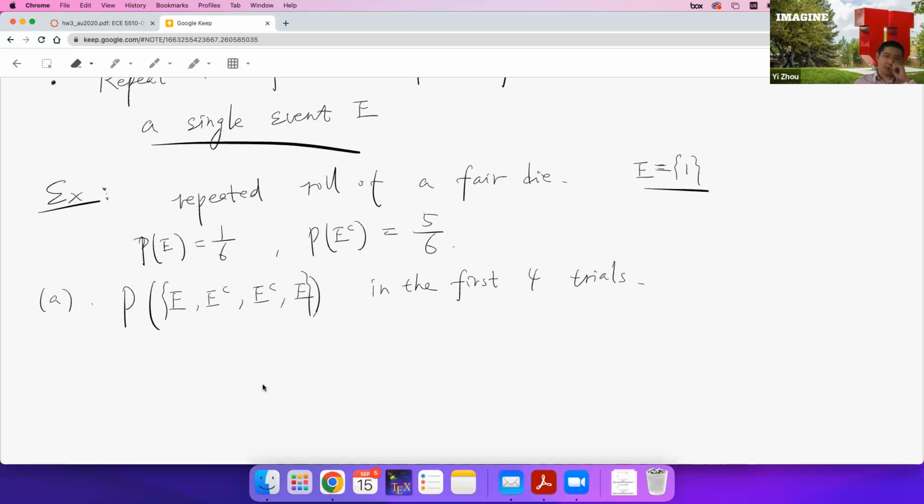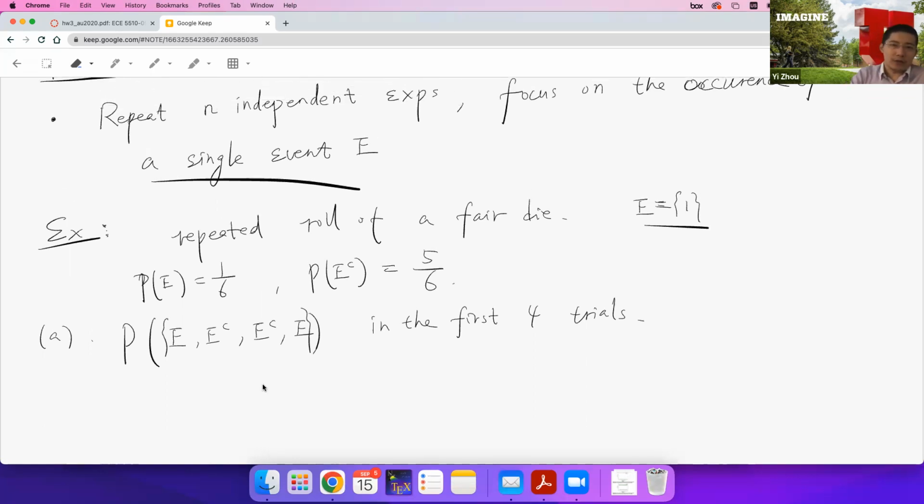So how do we calculate this probability? We have 4 events assigned to each experiment, and the repeated rolls are independent. Every roll is independent from each other.